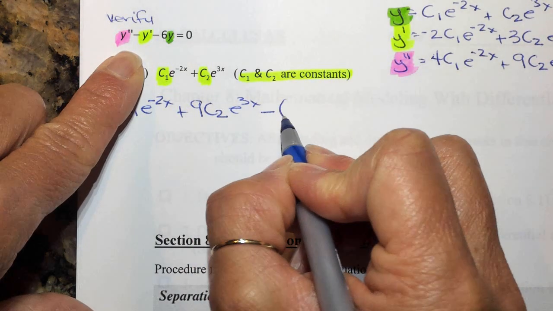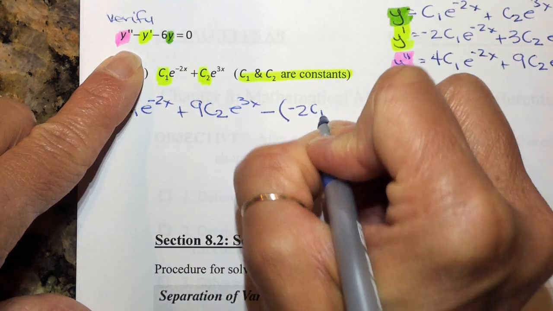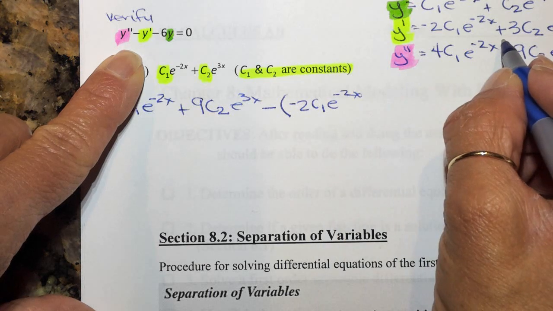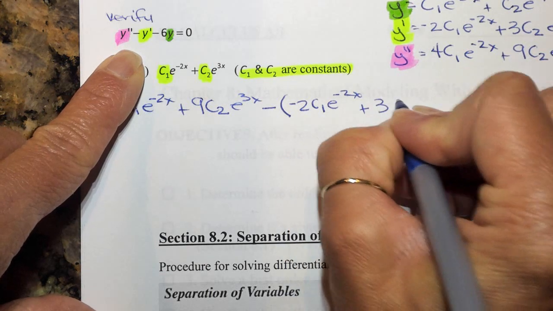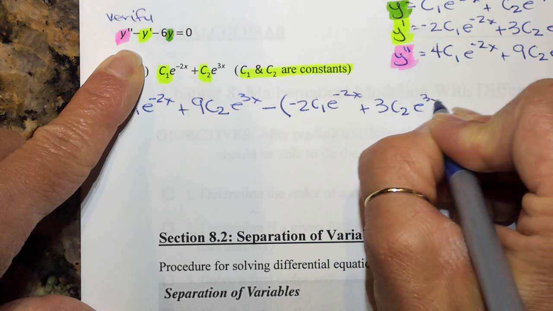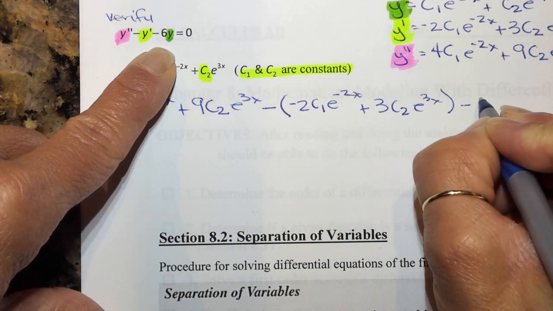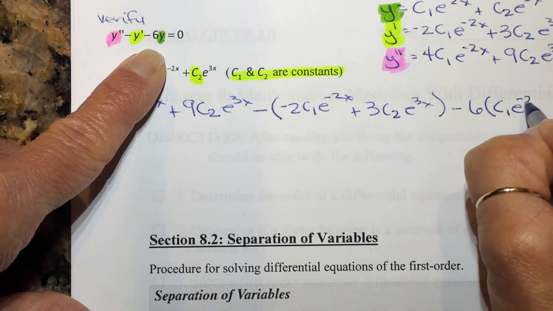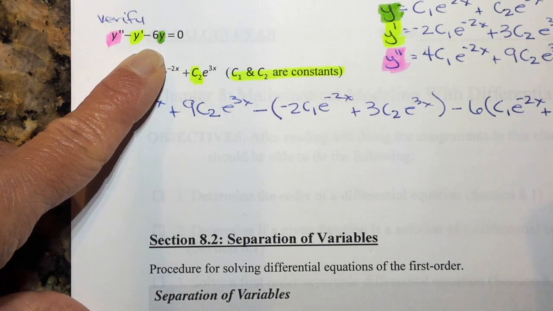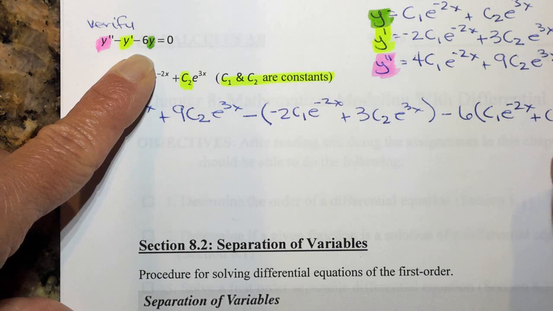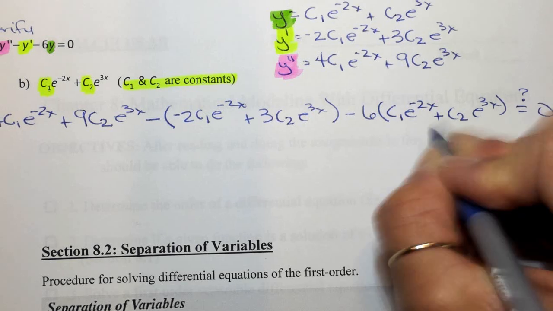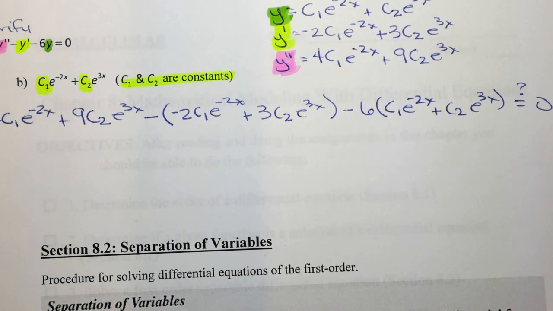So I'm just going to put this in parentheses, negative 2 c sub 1 e to the negative 2x, and all I'm doing is copying my first derivative from over here, plus 3 c sub 2 e to the 3x, and then minus 6 times, and I will distribute, c sub 1 e to the negative 2x plus c sub 2 e to the 3x. So all I did was pure substitution, and what I want to know is, does this equal 0 once I simplify? So this is my question right here.